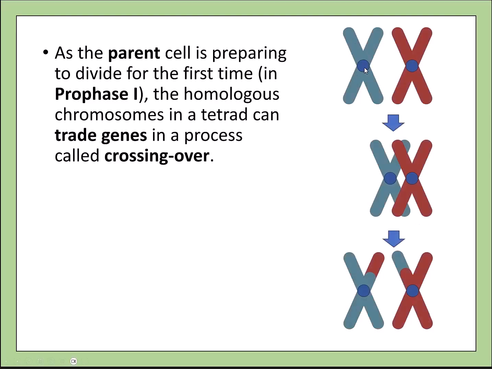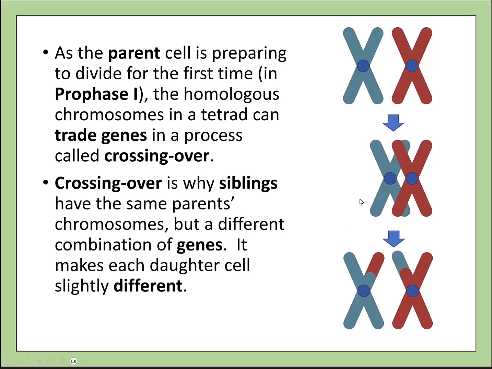As these chromosomes have duplicated, their arms can actually extend over each other and switch genes. The DNA breaks off and switches from one chromosome to another. Crossing over is why siblings have the same parent's chromosomes, but a different combination of genes. It makes each daughter cell slightly different.